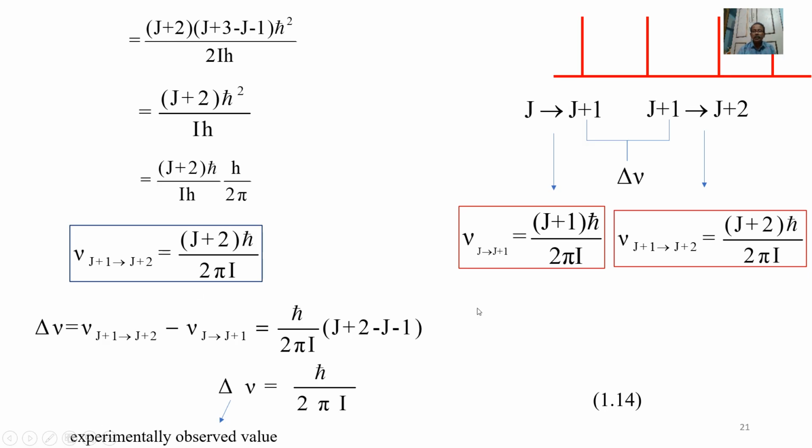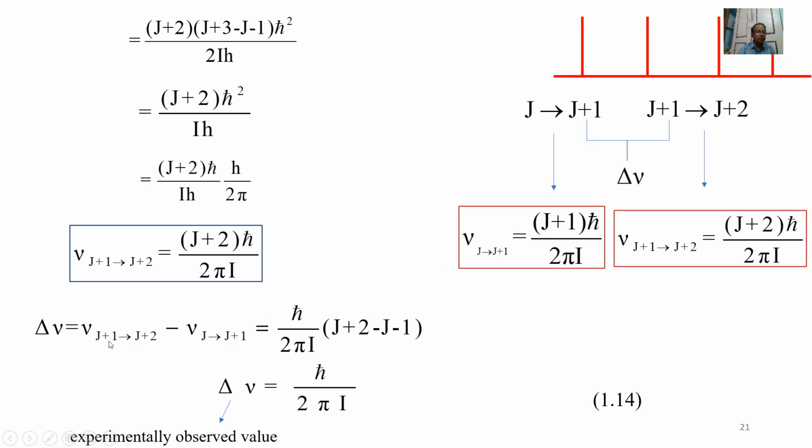Now we should calculate del nu, the difference between this level and this level. We have already calculated J to J plus 1 here. Just now we have calculated J plus 1 to J plus 2. So this minus this will give me del nu.